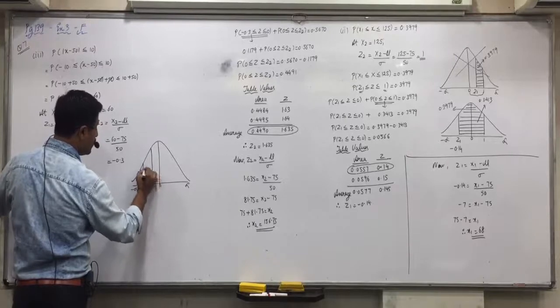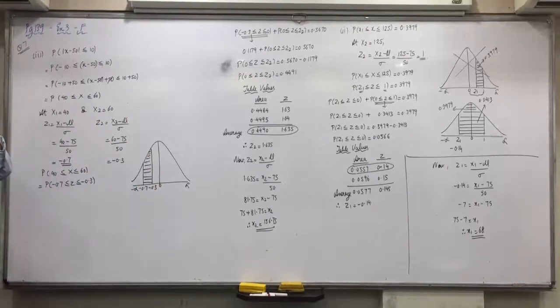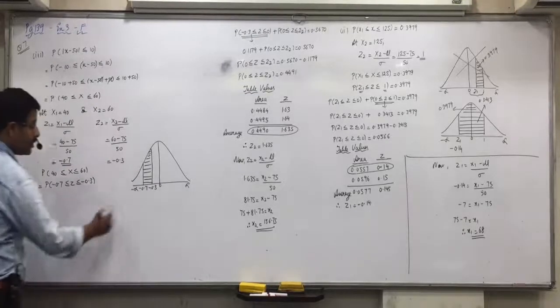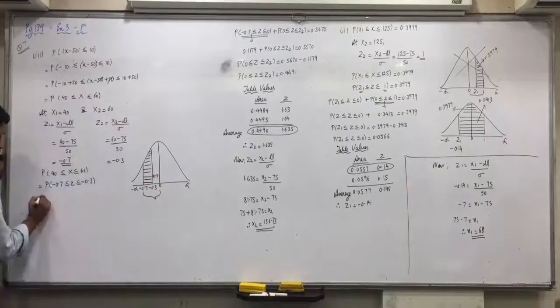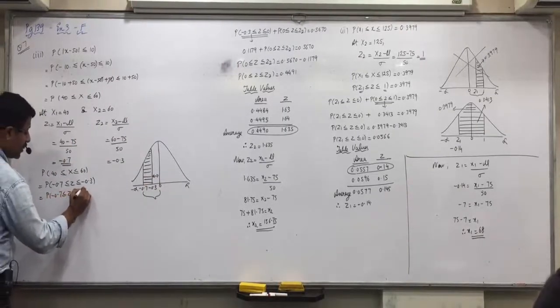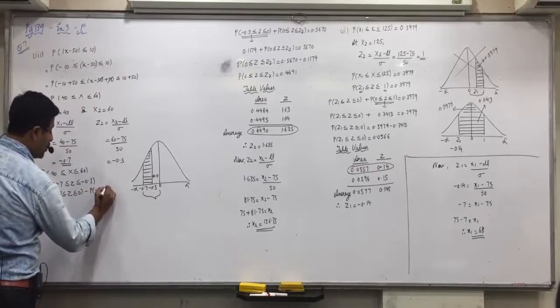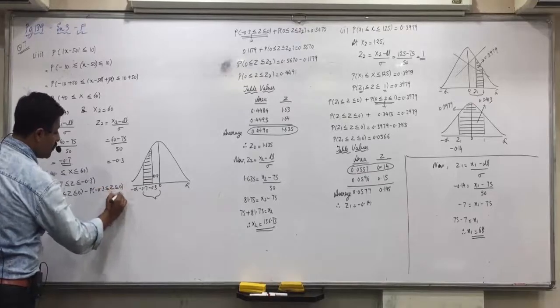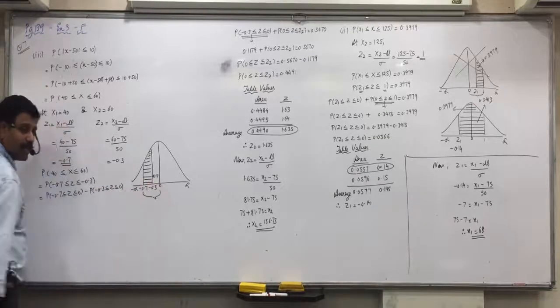In between area is what we need. Now one side shading means difference of these two regions. Which two regions? P of minus 0.7 less than equal to z less than equal to 0, minus P of minus 0.3 less than equal to z less than equal to 0. Difference of these two regions will be our shaded area.